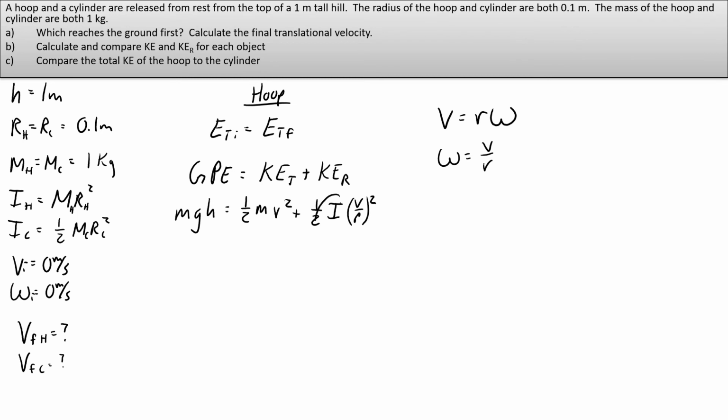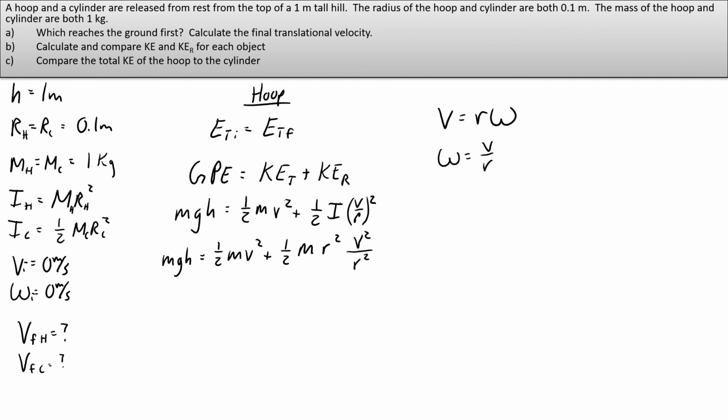And then we know this is a hoop. So in my next line, I'm going to do mgh is equal to 1/2 mv squared plus 1/2 I, for the hoop, is mr squared, and then v over R squared becomes v squared over R squared.